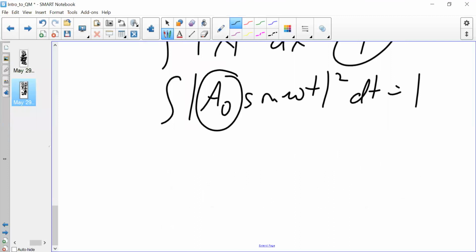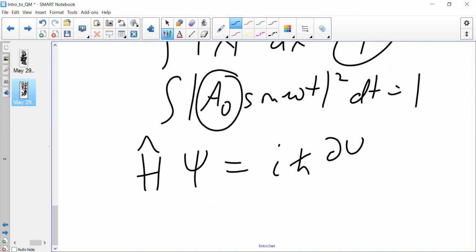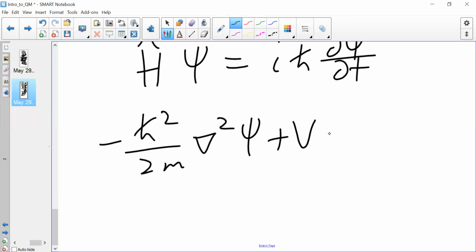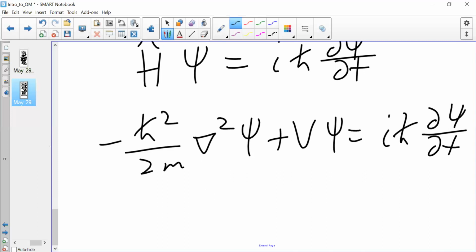Again, left with Schrodinger's equation, i h bar del psi over del t. And I'll write it out in its explicit form: h bar squared over 2m del squared psi plus v psi equals i h bar del psi over del t.